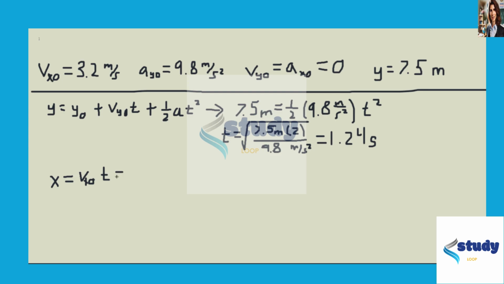So let's plug in these values: 3.2 meters per second multiplied by the 1.24 seconds we just found. Seconds cancel, we're left with meters, which is what we expect because it's a distance measurement. And this is 4.0 meters. Go ahead and box that in as our solution.